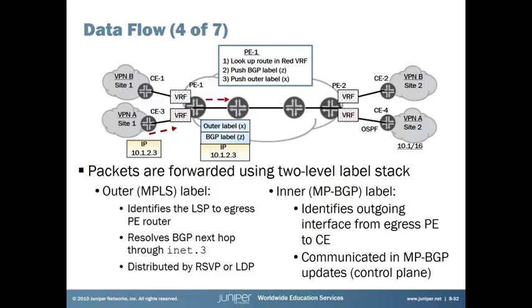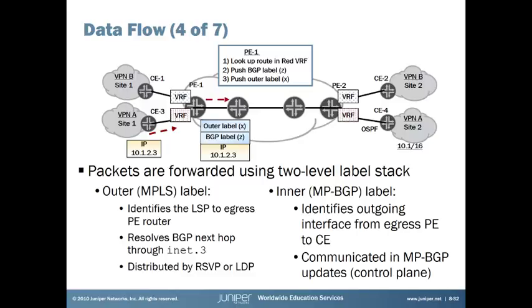The inner label identifies the outgoing interface from the egress PE to the CE. So remember when we first started off advertising that SAFI 128 format with the route distinguisher, etc., we had an MPLS label. That label value was created by the originating VRF table and sent across to the receiving PE, who then uses that label value as the inner label on the label switch path that's sending traffic back to that originating PE.